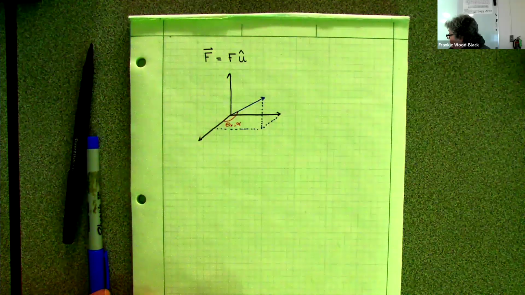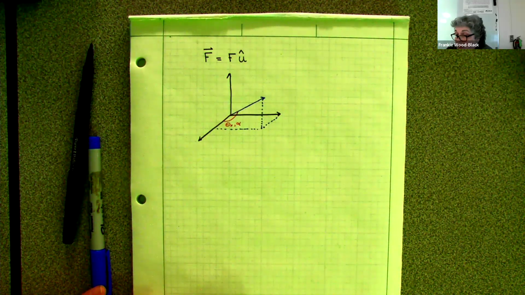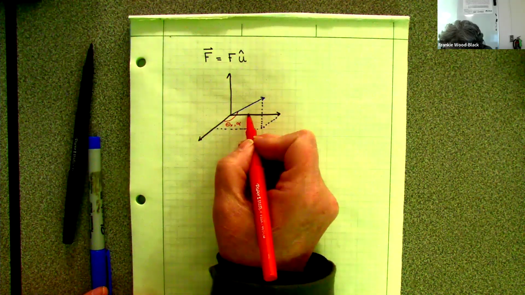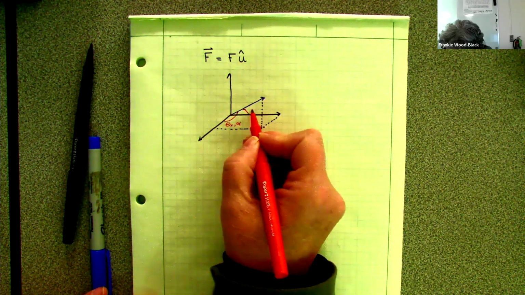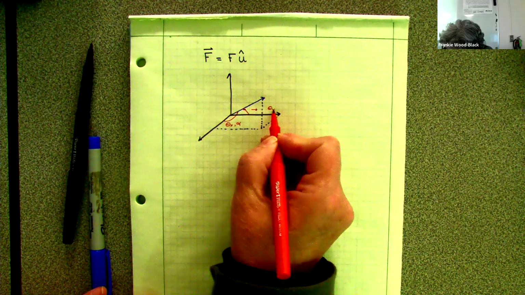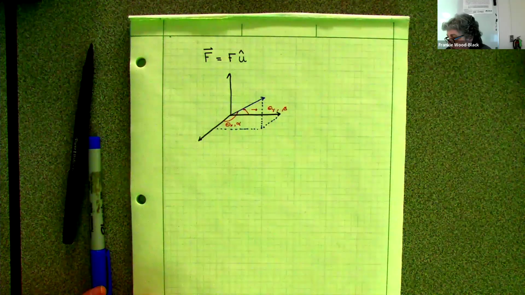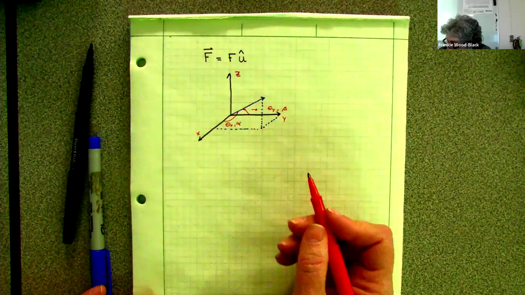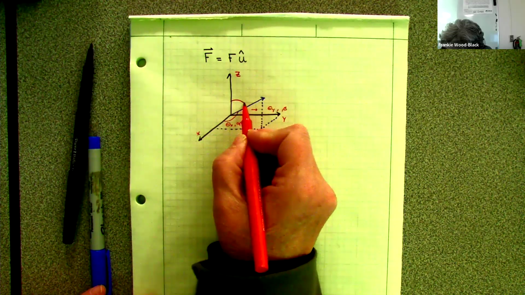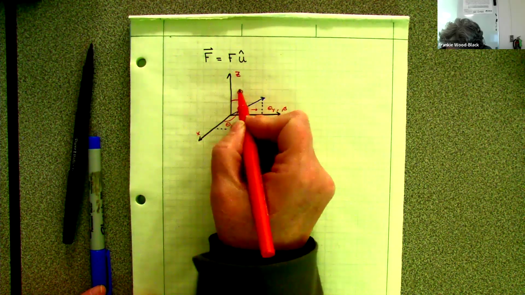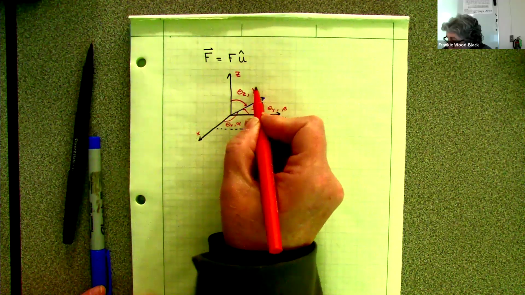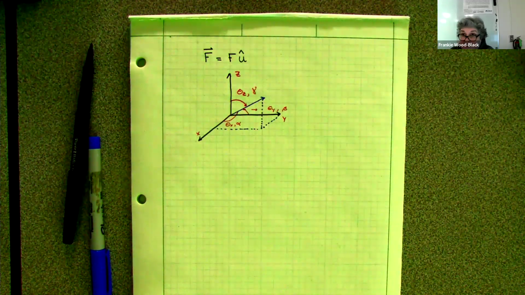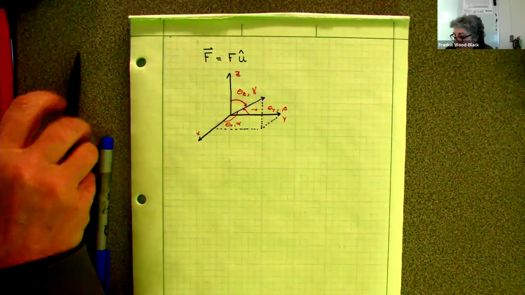Those are our usual notations. From Y to my vector, this is either theta Y or beta. This is X, this is Y, and this is Z. And from my Z axis, this is either theta Z or gamma. It just depends on what convention somebody is using. There's nothing really special about it.